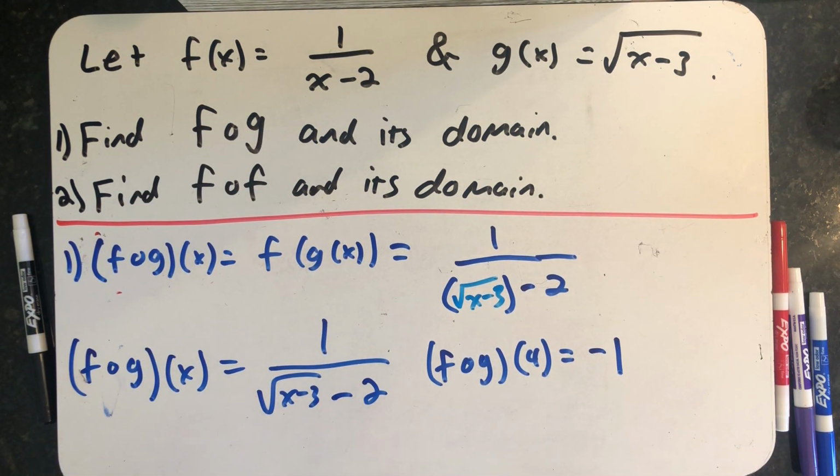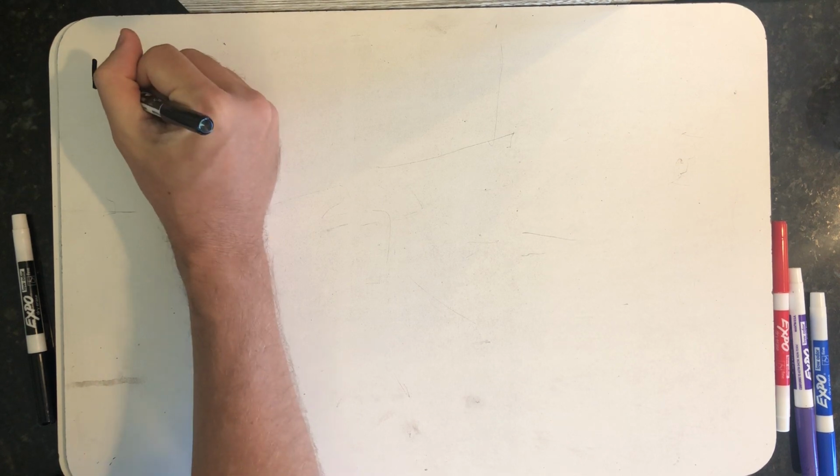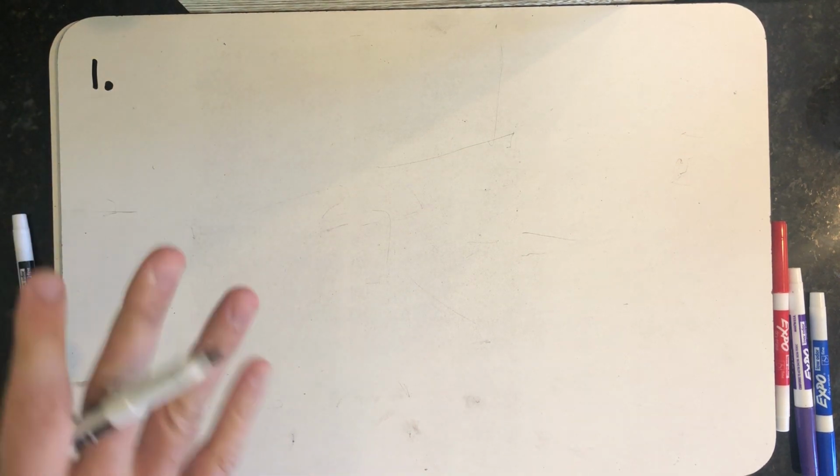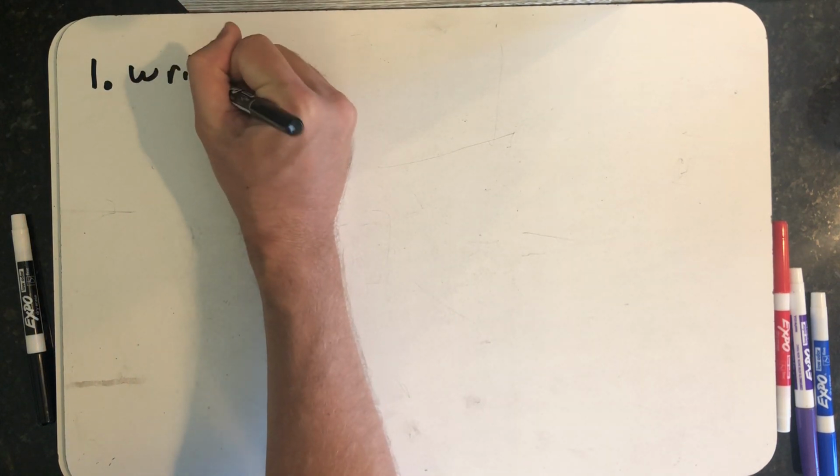And now we have to think about the domain of f composed with g. I like to think about finding a domain in just a few easy steps. First, I'm going to write down the domain of g.